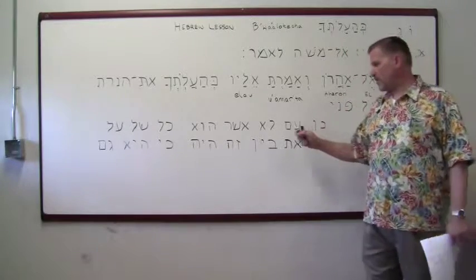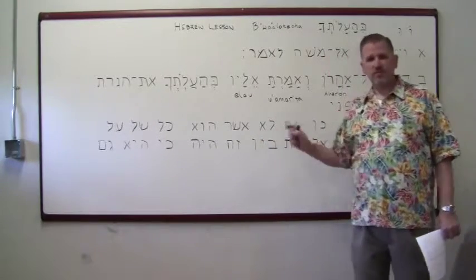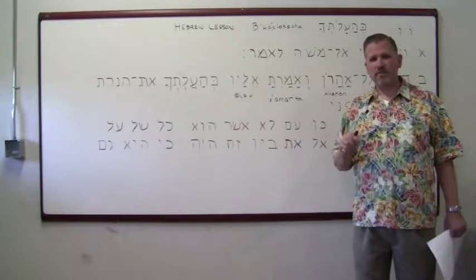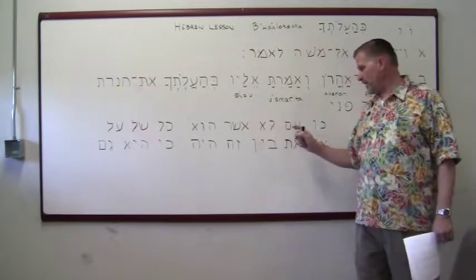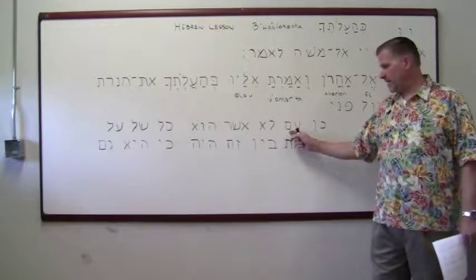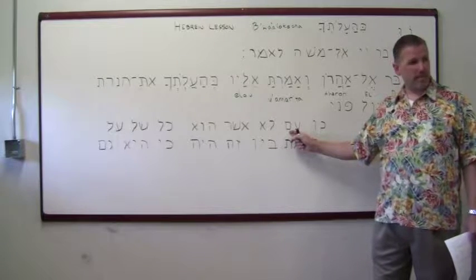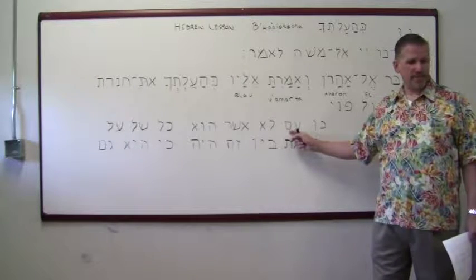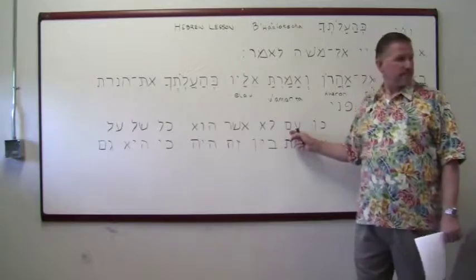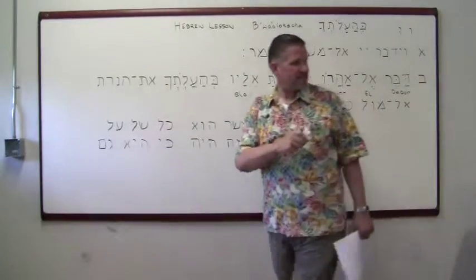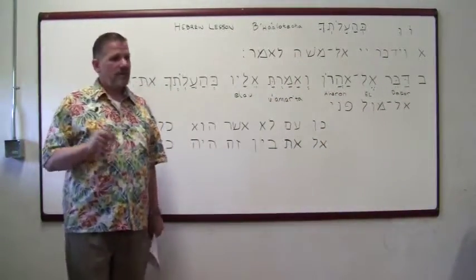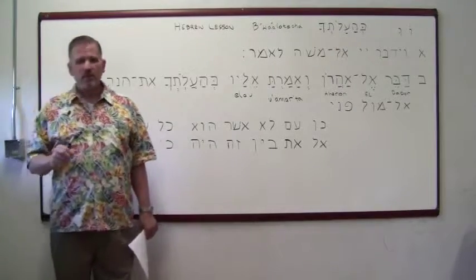We may not see the vowel pointing all the time. We may see just the Hebrew letters. So we have to recognize them in the combination that they occur in, that this can also be im, right? Make sense? Yes. Okay.